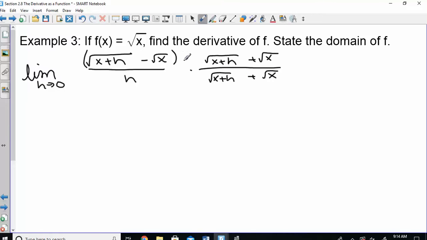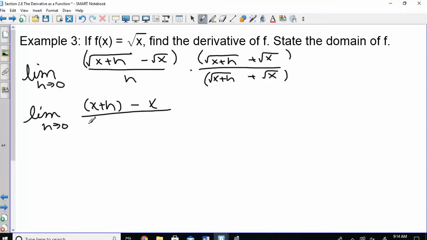So on the top, if you FOIL, you multiply the first two, the radical cancels, so you get x plus h. The outside and inside drop, minus the square root of x and the square root of x is just x.